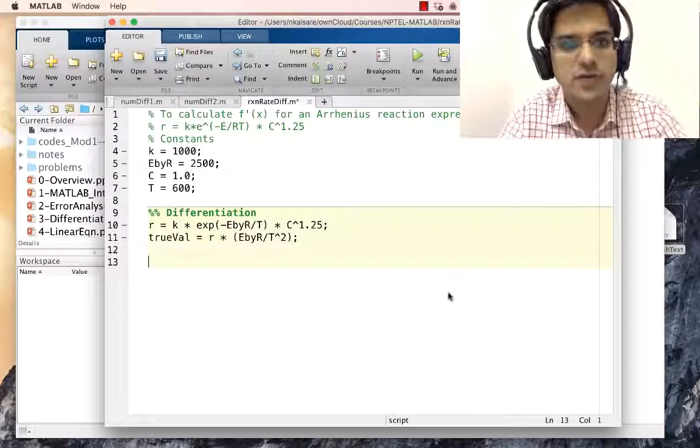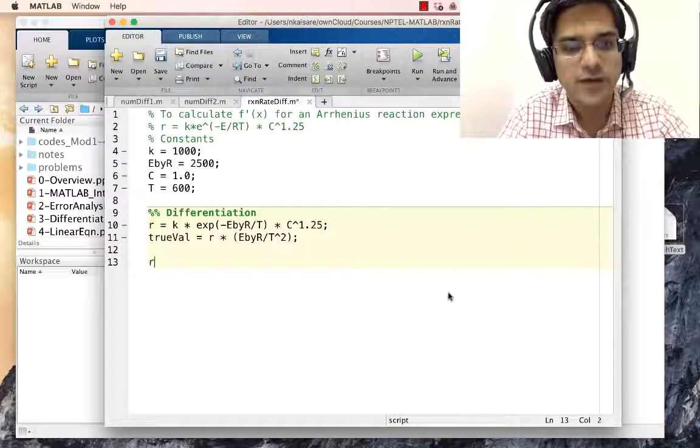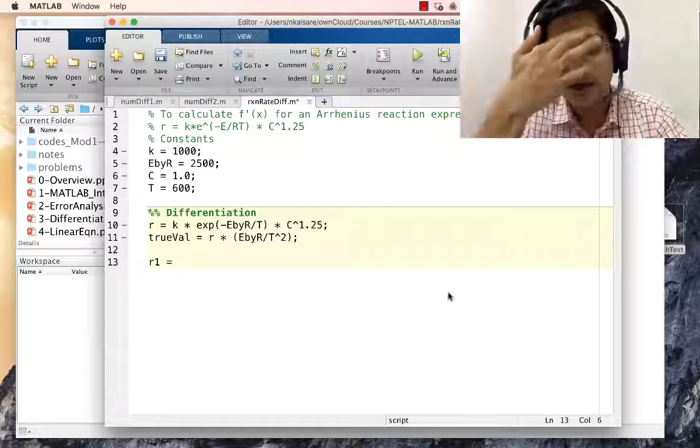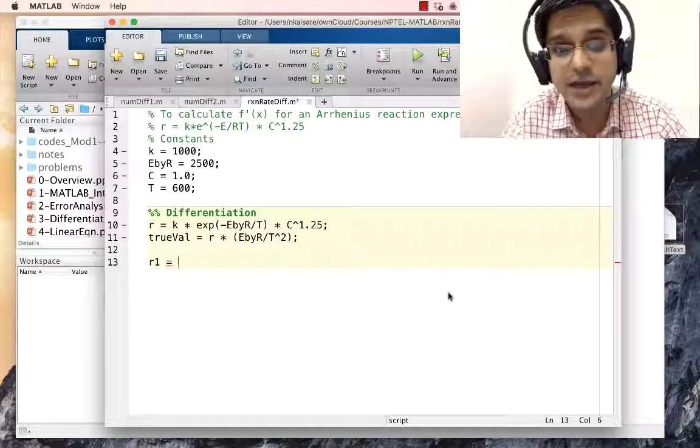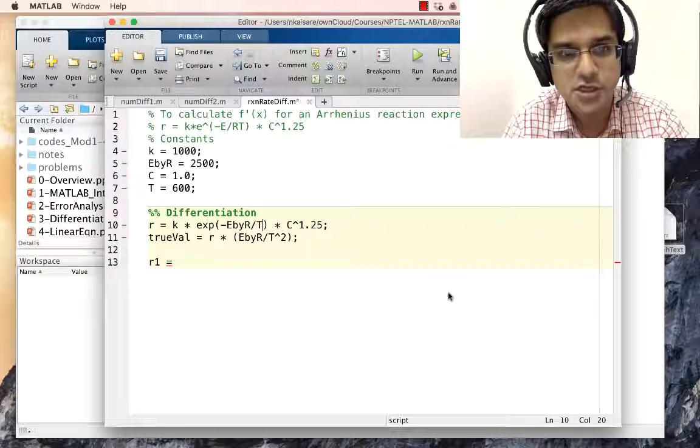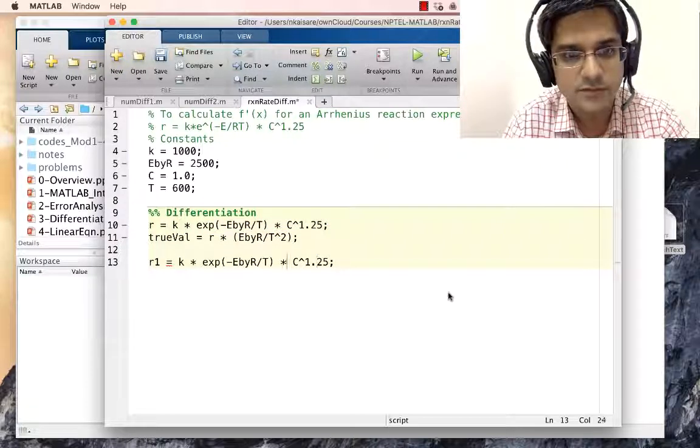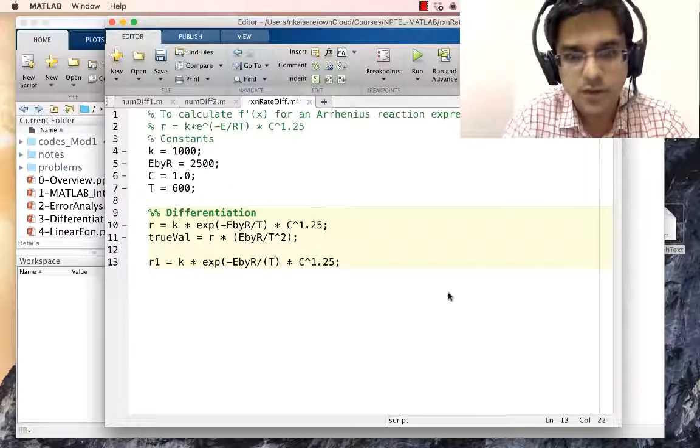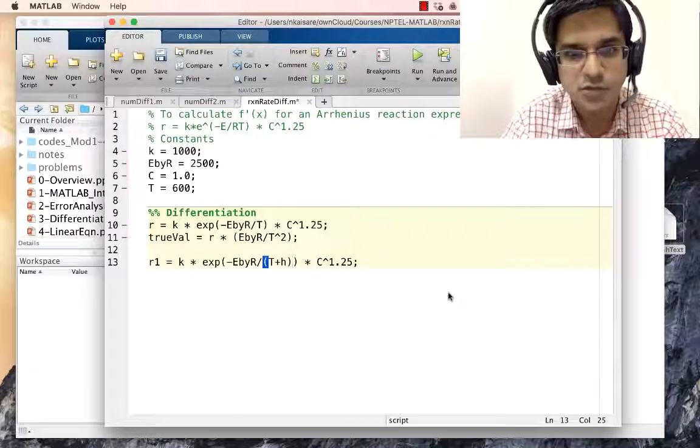Now for the numerical differentiation, we want to calculate R1, and R1 is going to be nothing but K multiplied by e to the power this, but instead of T, we will have T plus H. Let's just copy this and put T plus H over here.